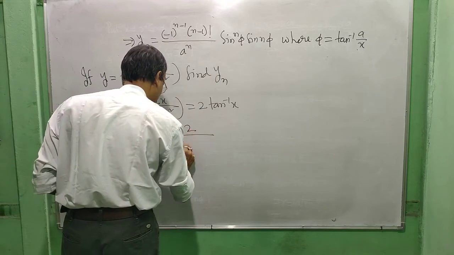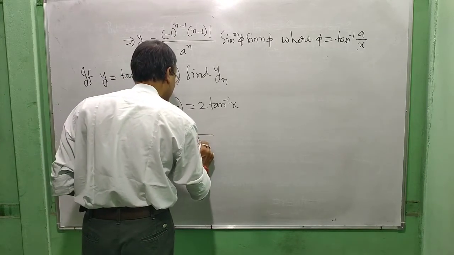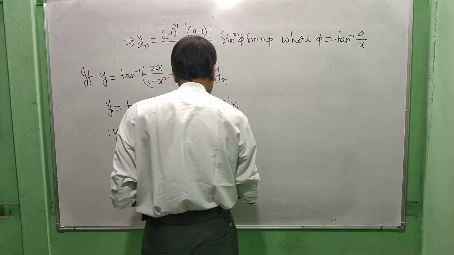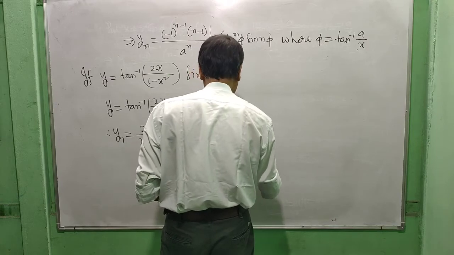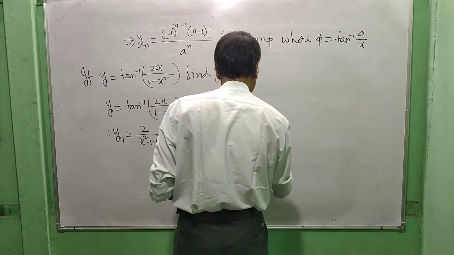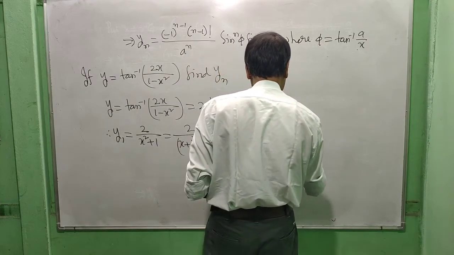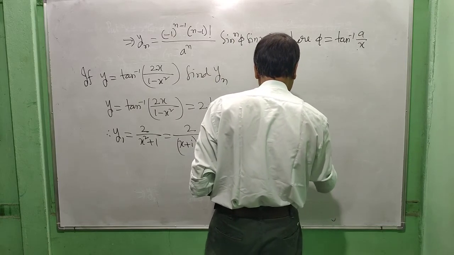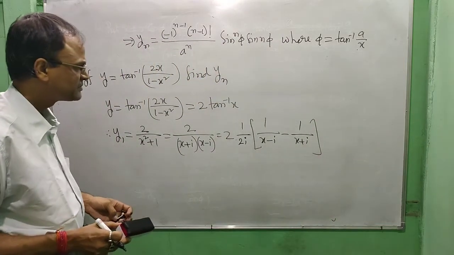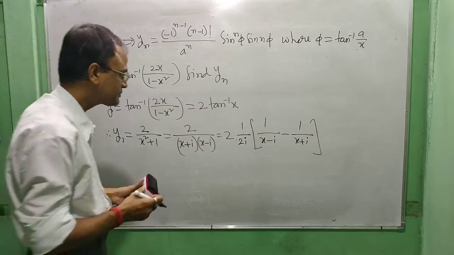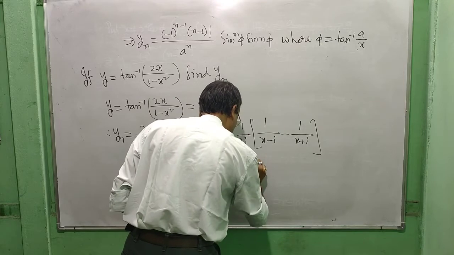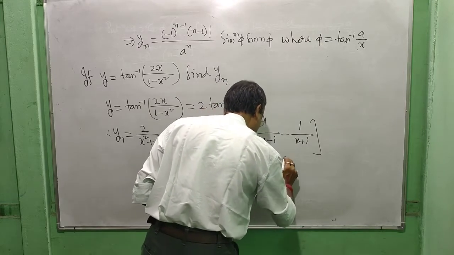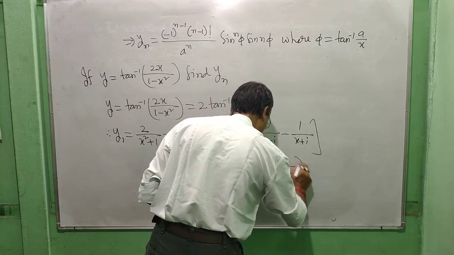This is equal to 2 divided by (x plus i)(x minus i). This is equal to 2 times 1 by 2i, times 1 by x minus i minus 1 by x plus i. I can write it like this: y1 is equal to 1 by i, times 1 by x minus i minus 1 by x plus i.